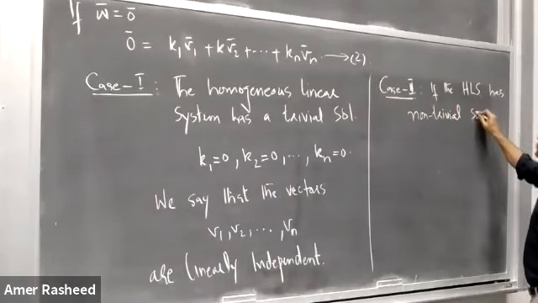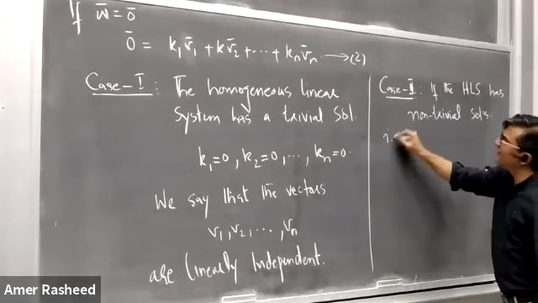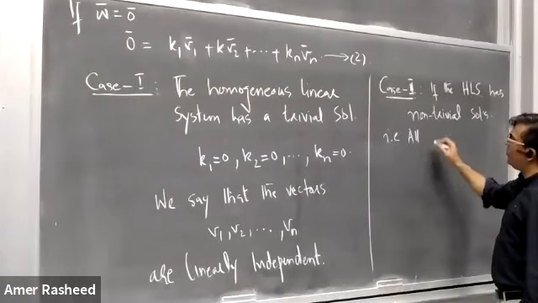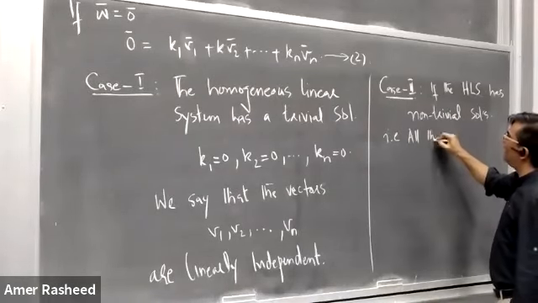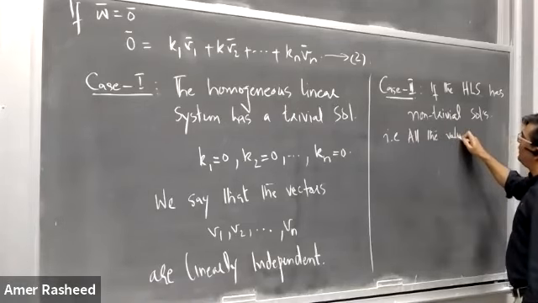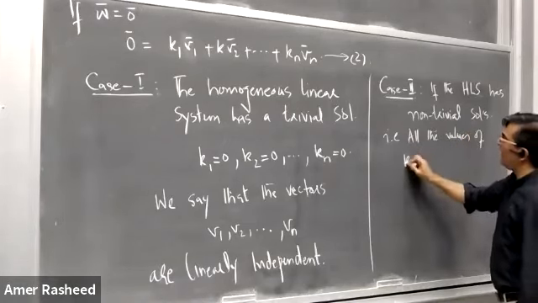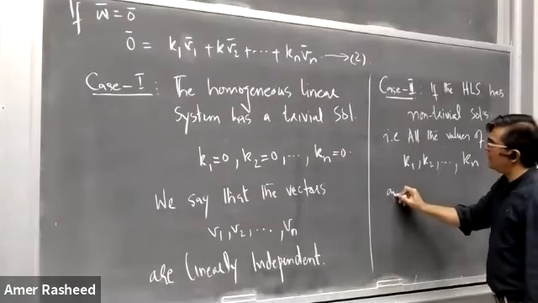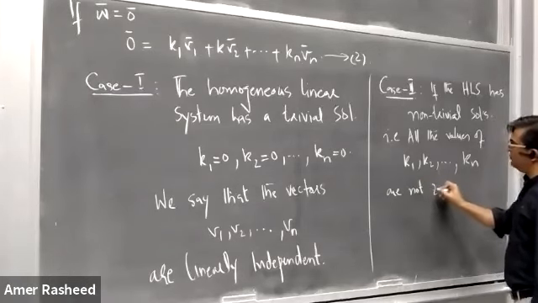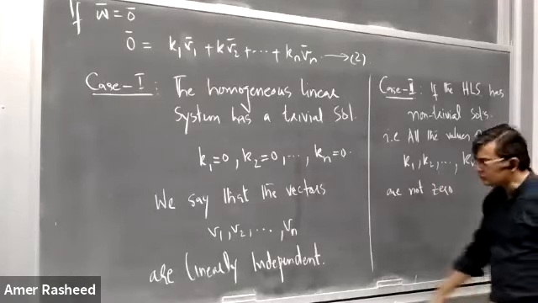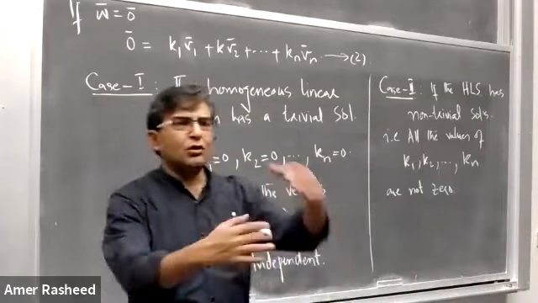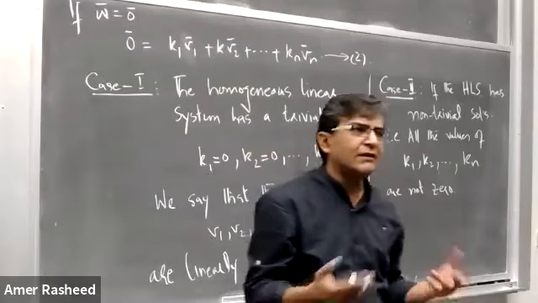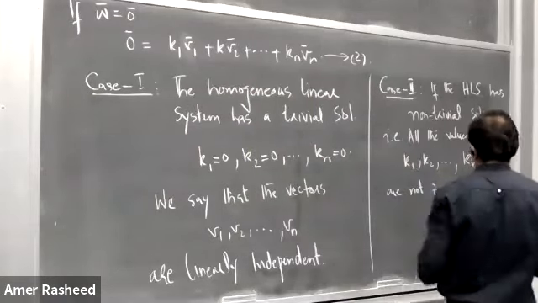That is, you can say the values of k1, k2, so on, kn are not all zero. Meaning some of the k values may be zero and some may be non-zero, okay? What does that mean?